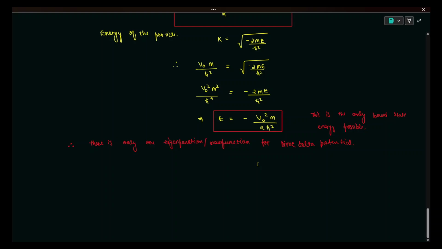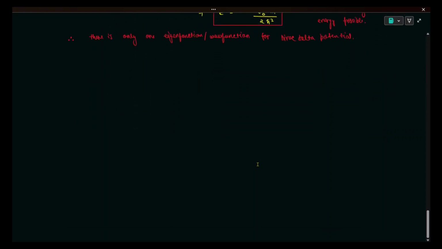Okay, so let's try to summarize this. For Dirac delta potential, the potential is given by V of x is equal to minus v naught delta of x.